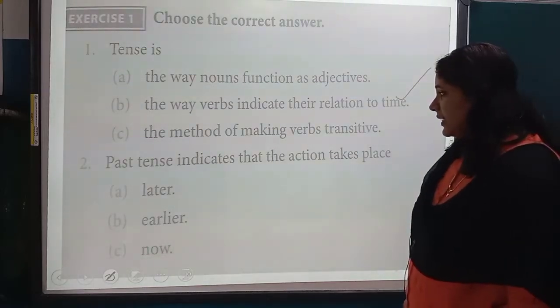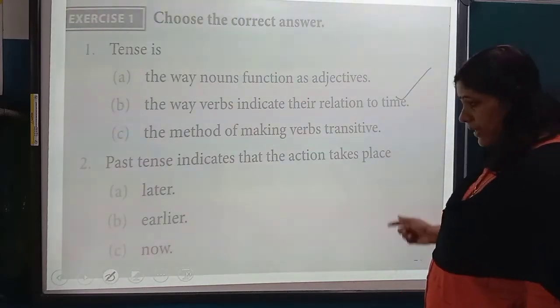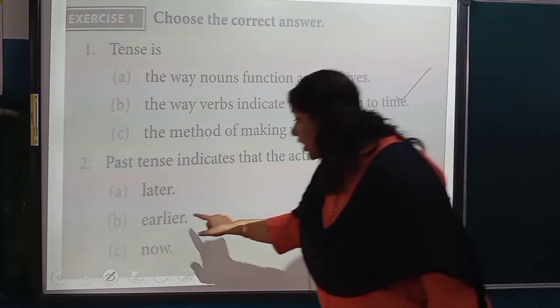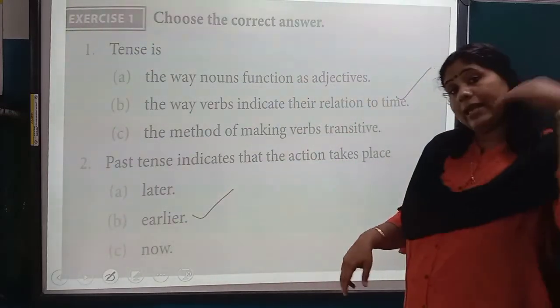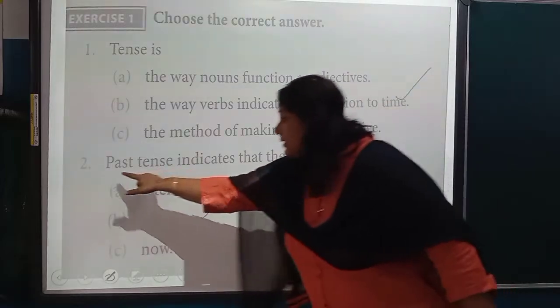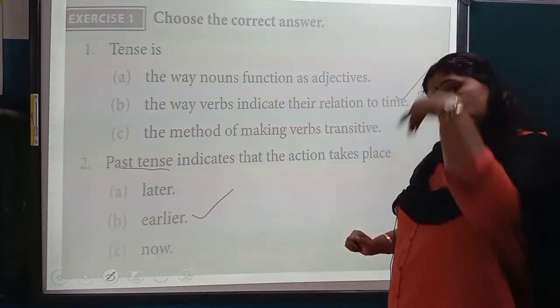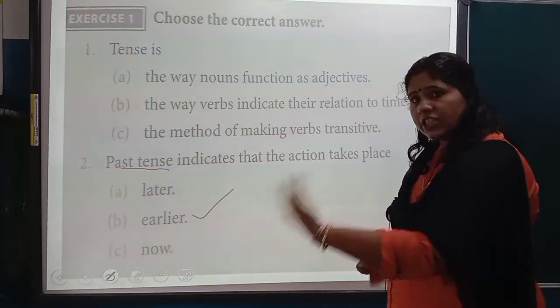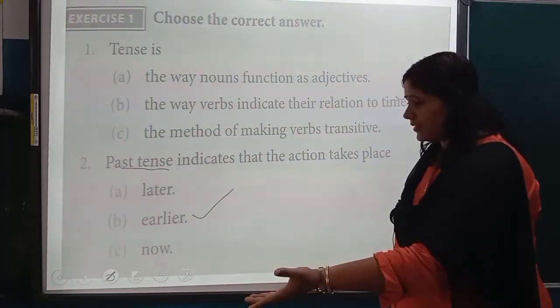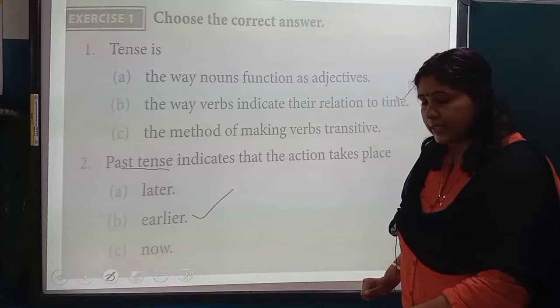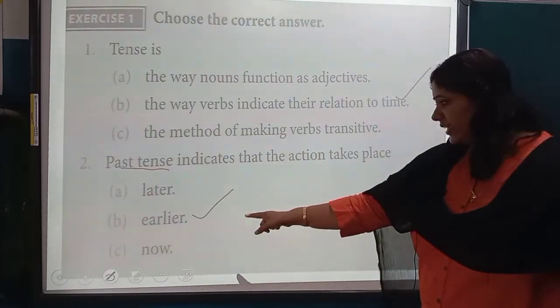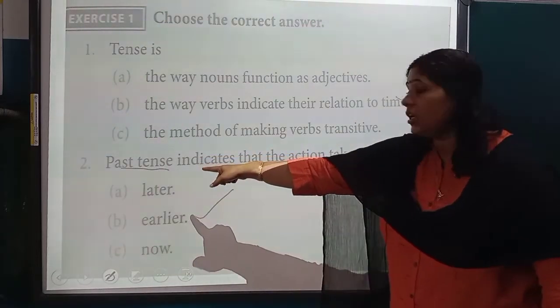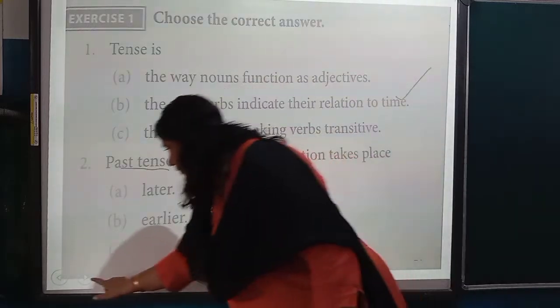Past tense indicates that the action takes place what? Earlier. Past tense is what happened before. Understood? Not now and not later. Later means what? Future tense. Now is present tense. So we have this option correct. Earlier they asked about past tense.